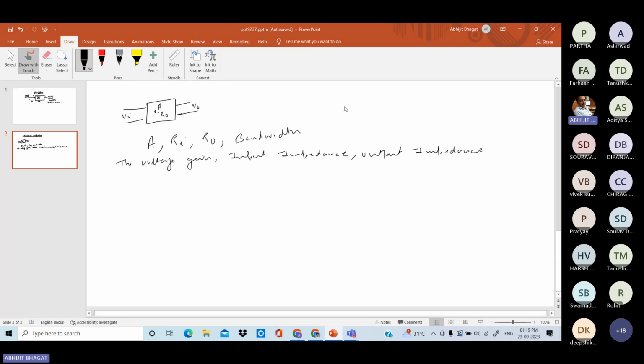If you are not using the feedback, then in that case, your diagram is like this. Vi is the input, A is the gain of the amplifier, and V0 is the output.